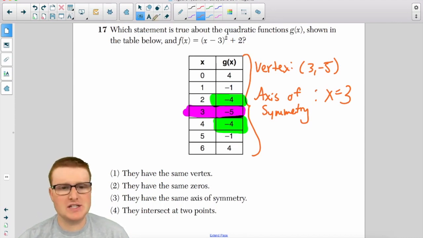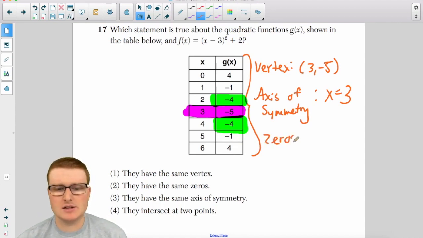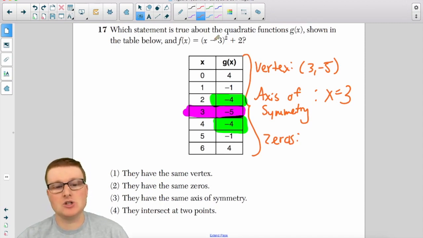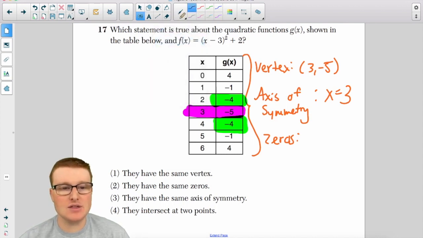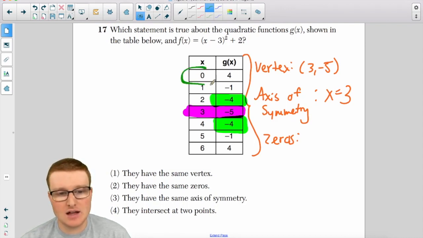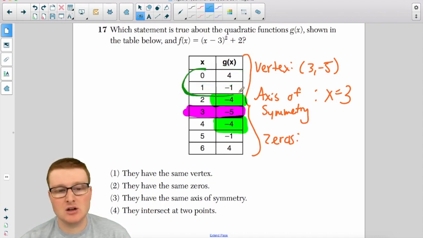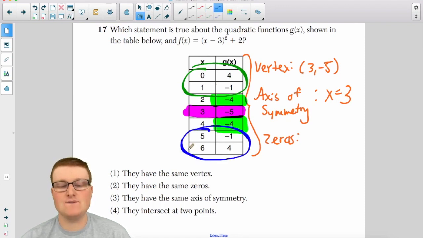So now let's talk about the zeros of the function. The zeros are where the y value is 0. Unfortunately, we don't have anything that tells us about the y values being 0. All we know is that the 0 must be located in between the x values of 0 and 1, and between 5 and 6.